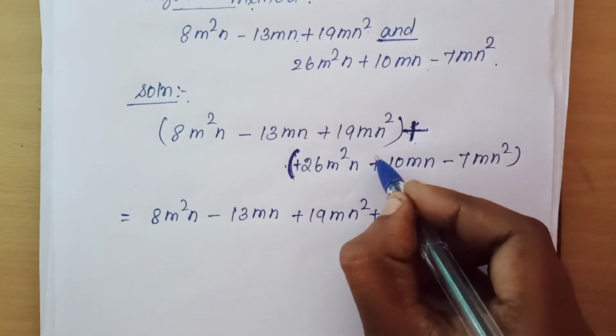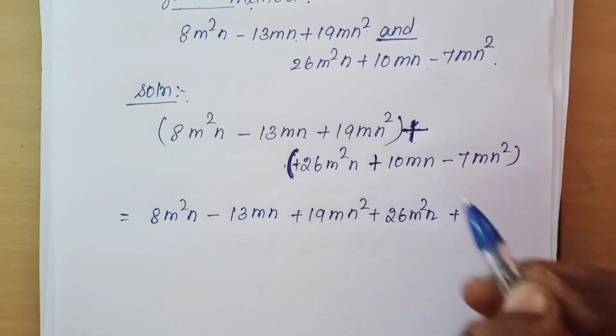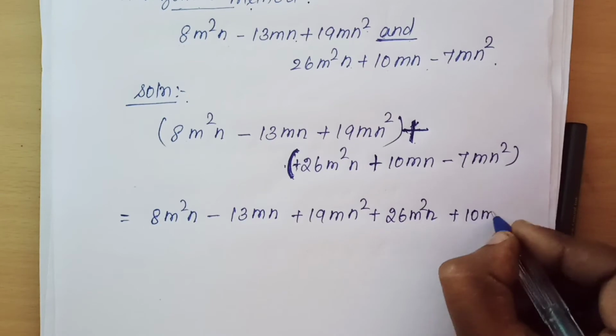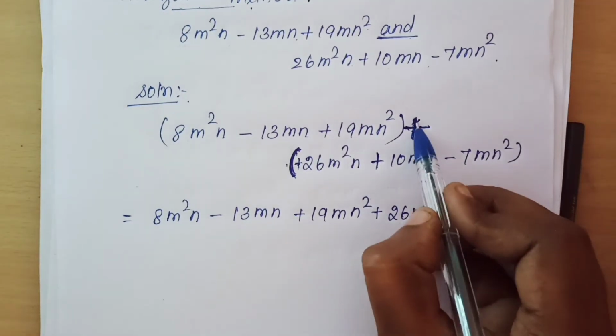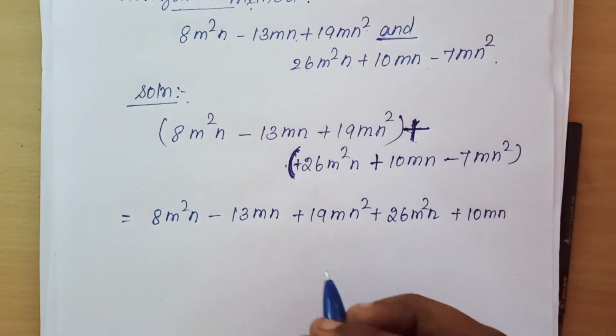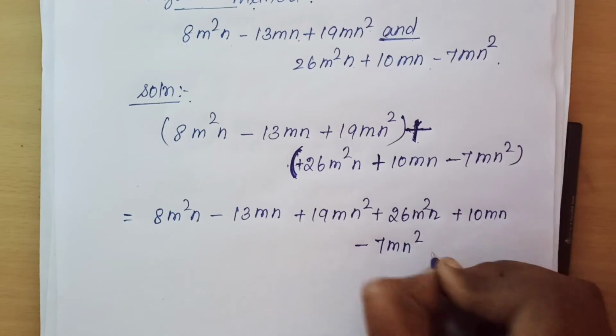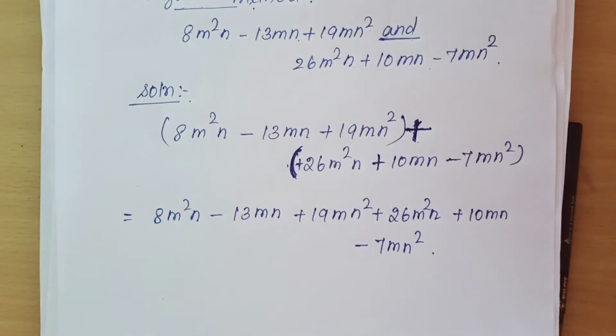Now plus into this plus is plus, plus into plus is plus mn. Then plus into minus is what?